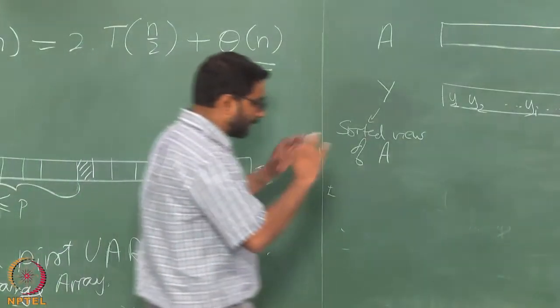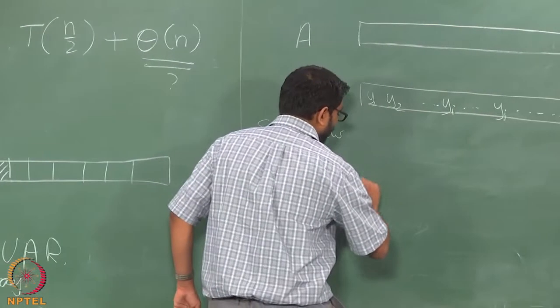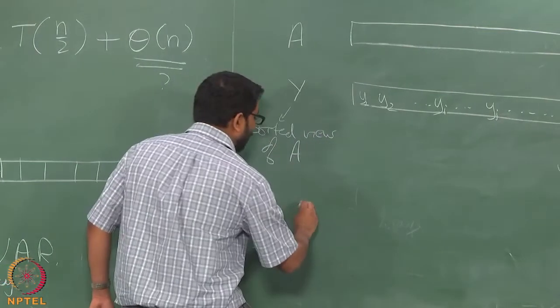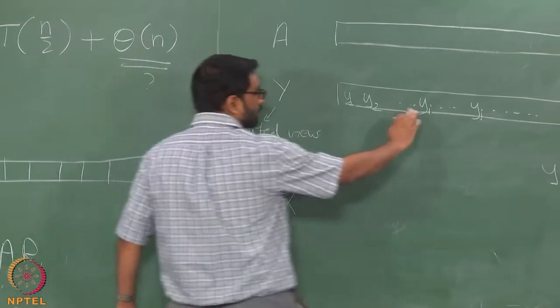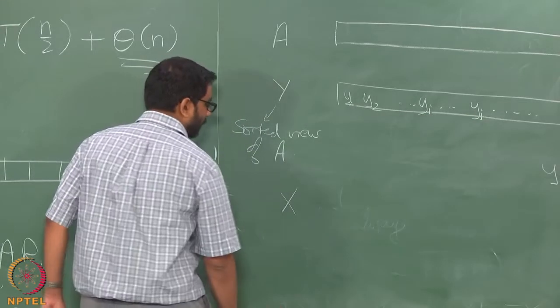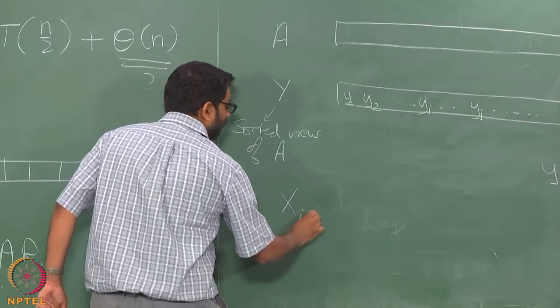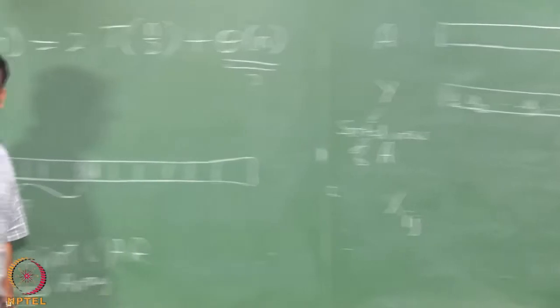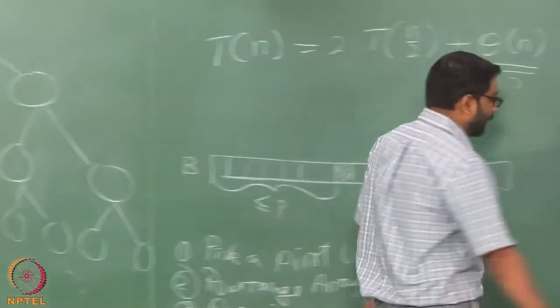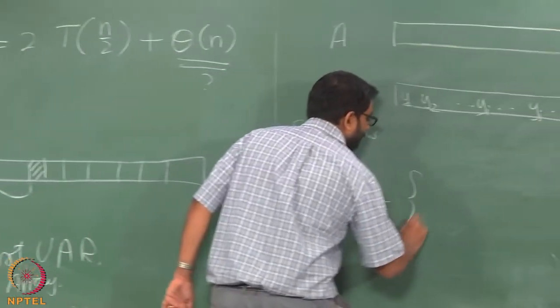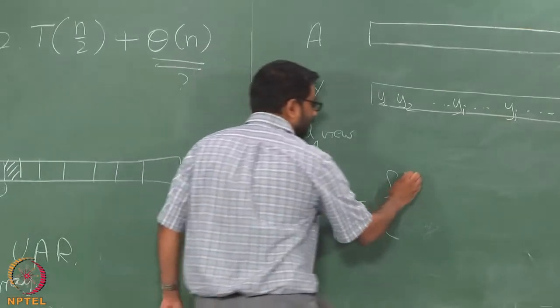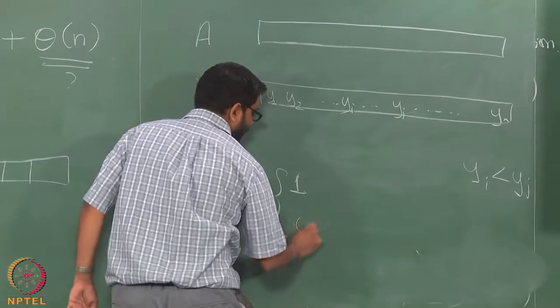In order to get a handle on the total running time, let's define a very simple random variable corresponding to these two elements Yi and Yj. We're going to call that random variable Xij. This Xij can take one of two values. It can be either a 1 or a 0.